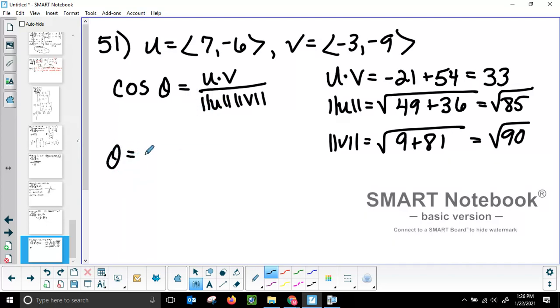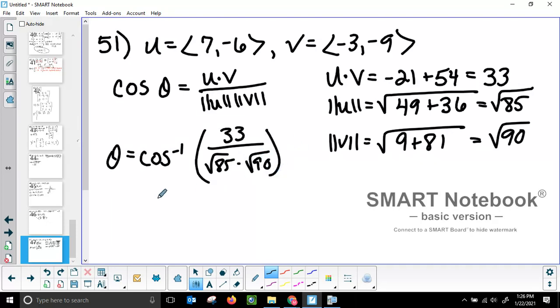So theta is going to equal the inverse cosine of U dot V, which is 33, divided by the magnitude of U, which is the square root of 85, times the magnitude of V, which is the square root of 90.